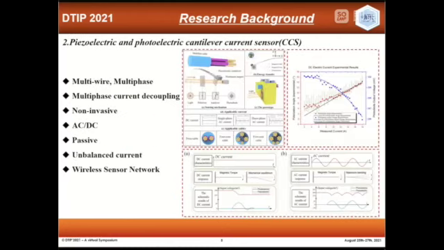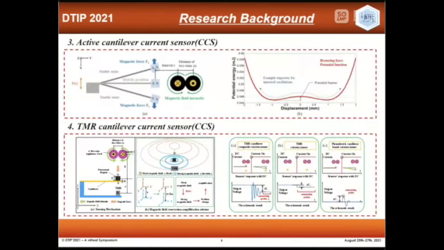Then, a passive AC-DC current sensor methodology for diverse metal wires. It has 2 outputs, photoelectric and piezoelectric, and can measure metal-wire AC and DC current. And we also studied the active cantilever current sensor and the cantilever current sensor using TMR as the sensing unit.